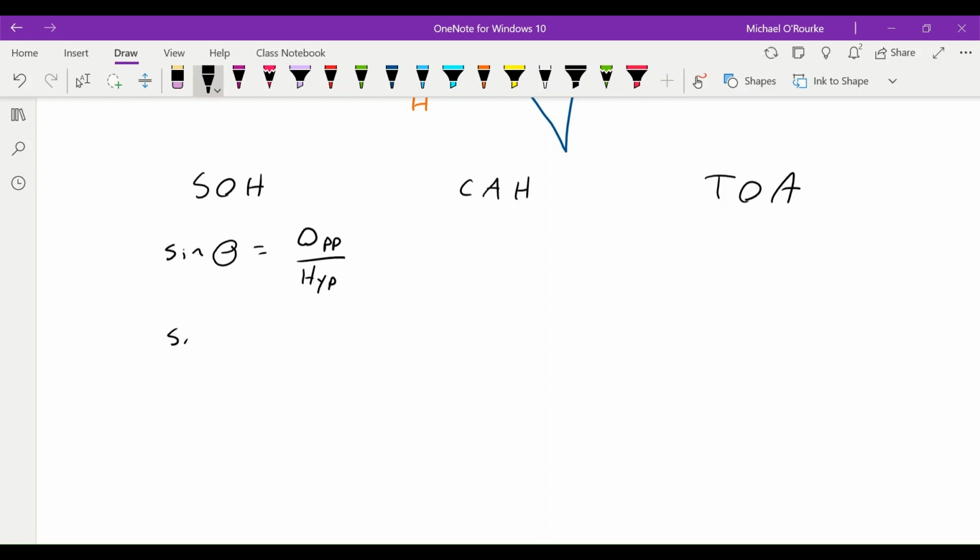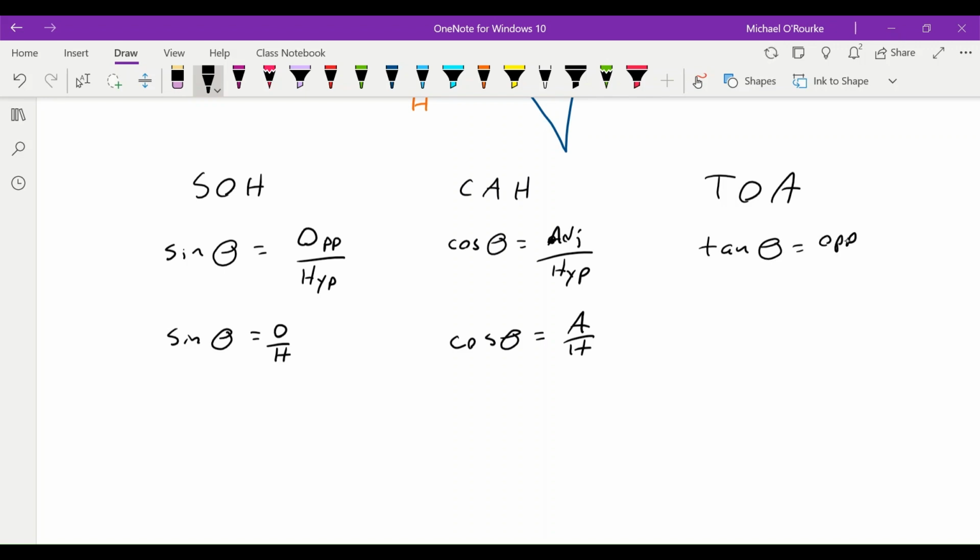It looks like this: sine theta equals O over H. CAH means cos theta is adjacent over hypotenuse, or cos theta equals A over H. And lastly, TOA means tangent theta equals opposite over adjacent. If I want to use short forms, tan theta equals O over A.